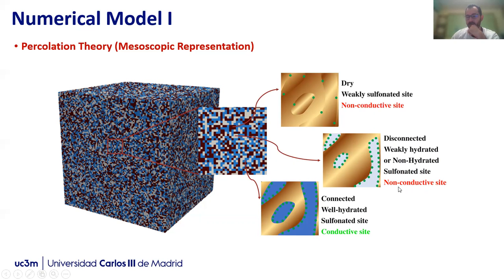So these sites are also non-conductive, because they don't contribute to the transfer from one side to the other. And then we have the good ones: these sites that are connected, well hydrated, and sulfonated. So finally we have all these three types.